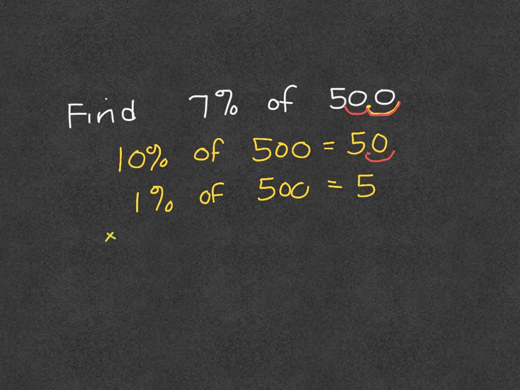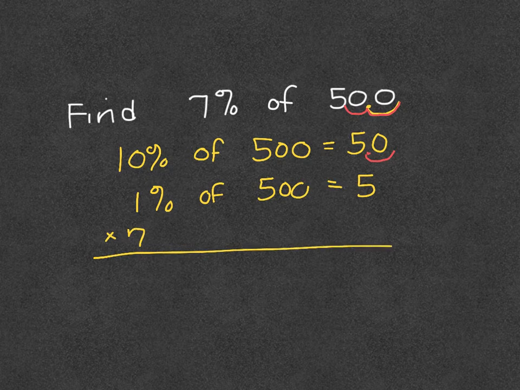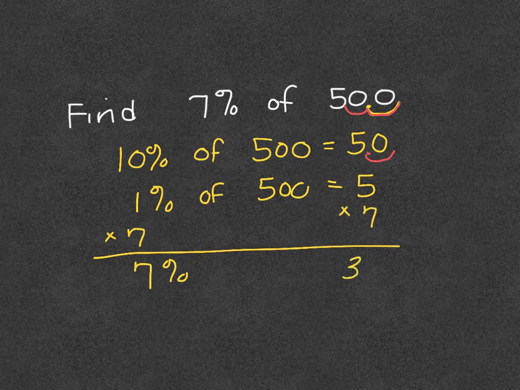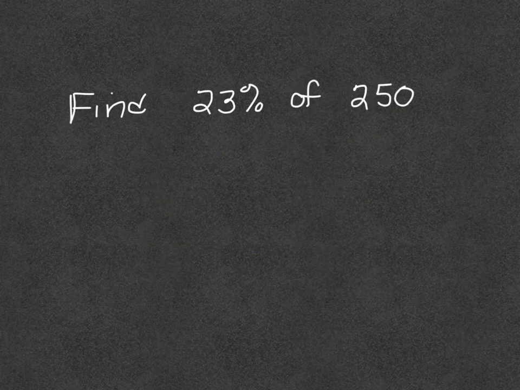To get to 7%, I would then multiply by 7. 1% times 7 is 7%. That 1% value, the 5 times 7, is 35. 7% of 500 is 35. So if we can find, again, 1%, 10%, we can find 8%.